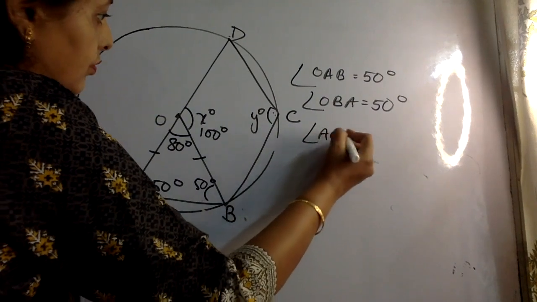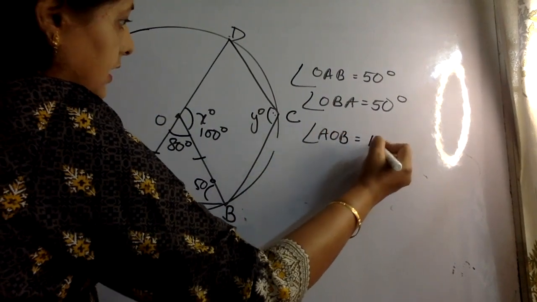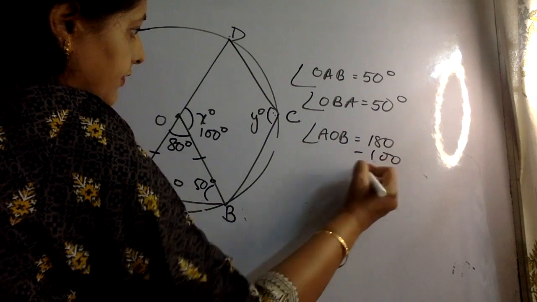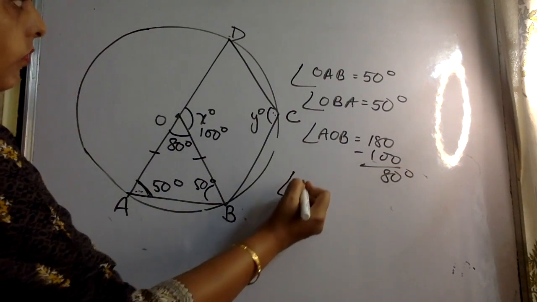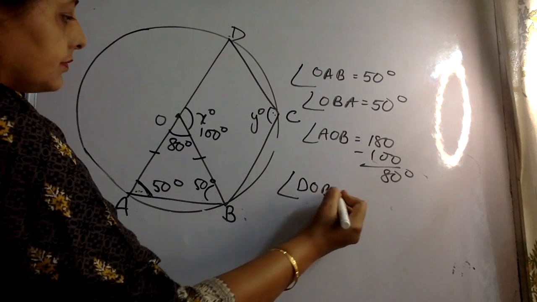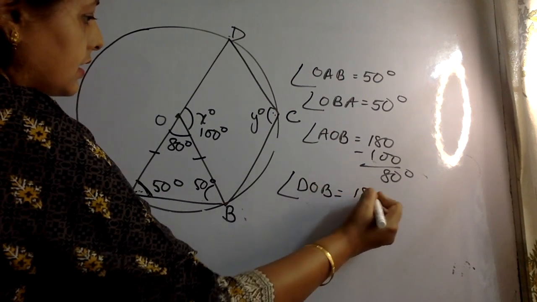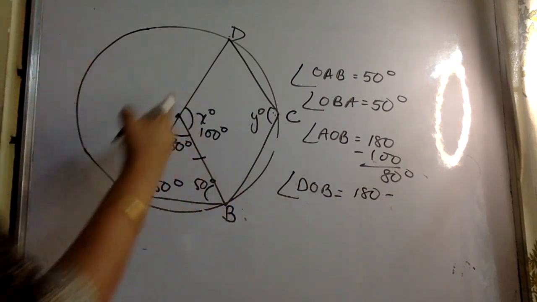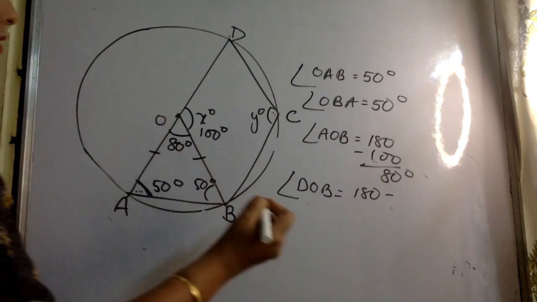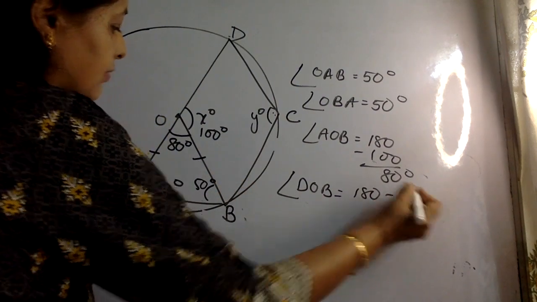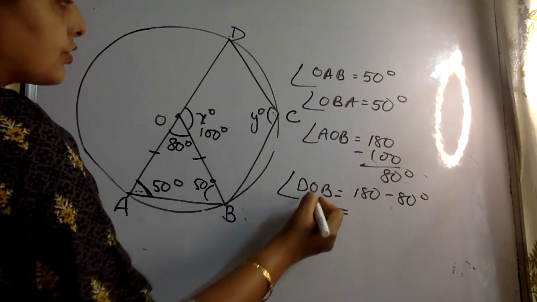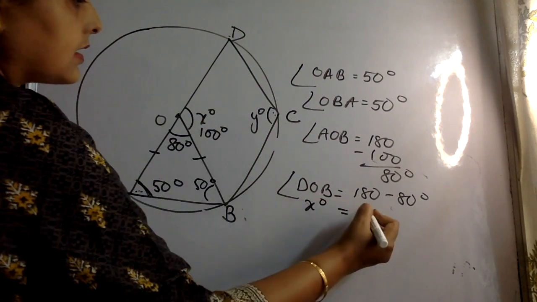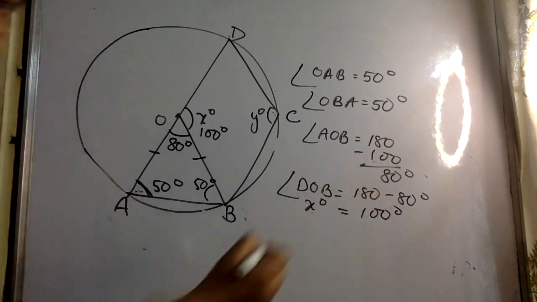Angle AOB is equal to 180 minus 100, that is 50 plus 50, that is 80. Angle DOB is 180 minus 80 degrees, which is angle x. So DOB, that is x, is 100 degrees.